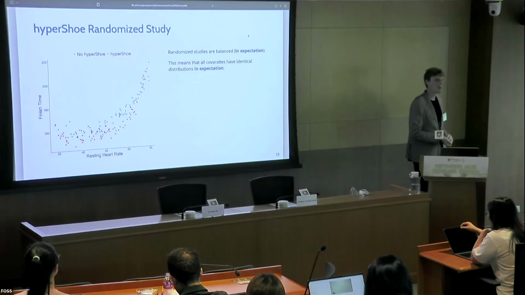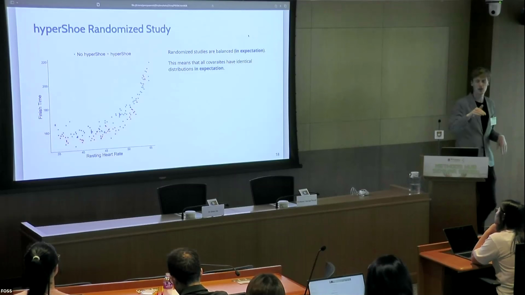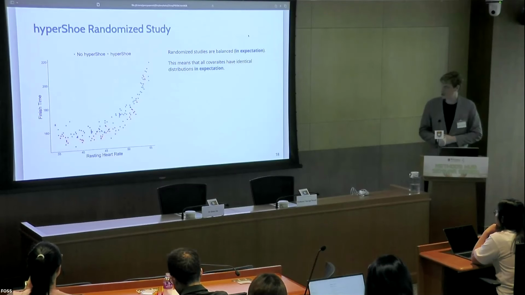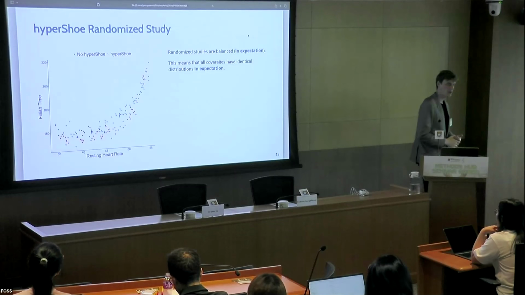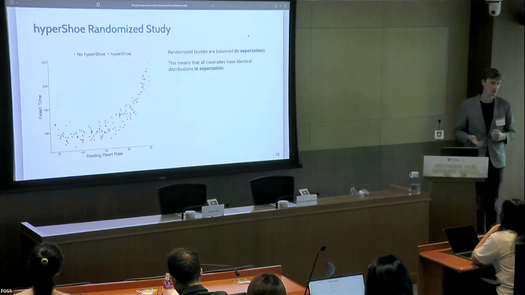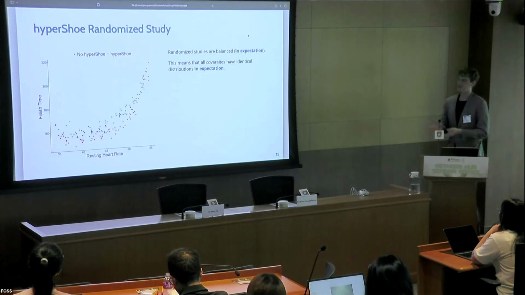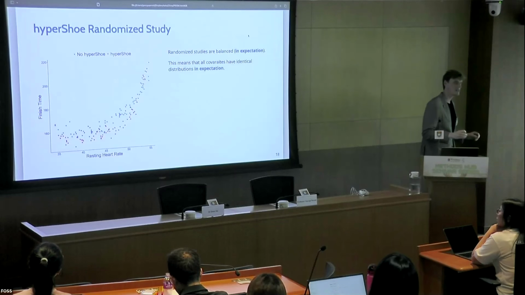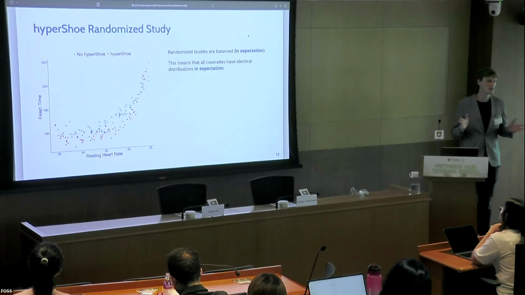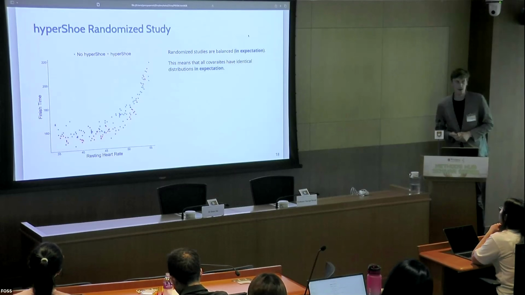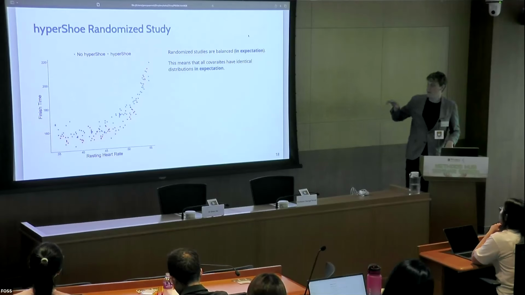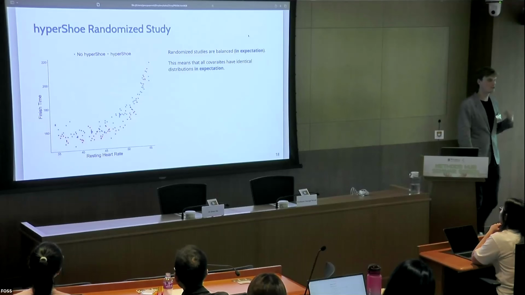So right off the bat, we see that the red points tend to be a little bit lower than the blue points. But we haven't actually estimated the treatment effect yet. And what I'd really like to draw folks' attention to is some properties of the data right now. A really, really nice property of randomized studies is that they're said to have balance in expectation. And what this means is that if we look at X, there's kind of an equal number of resting heart rate across the treatment and control.